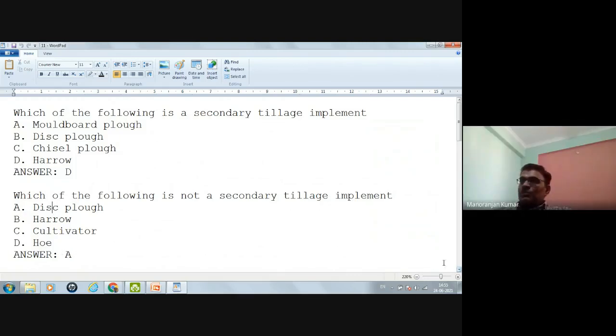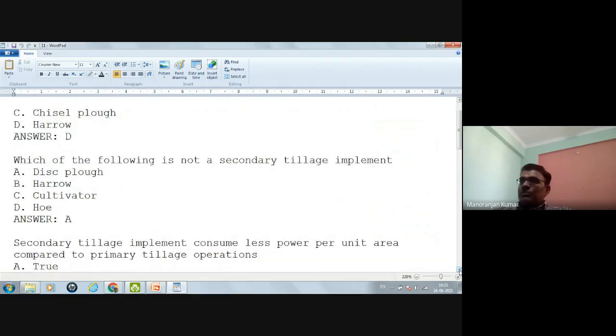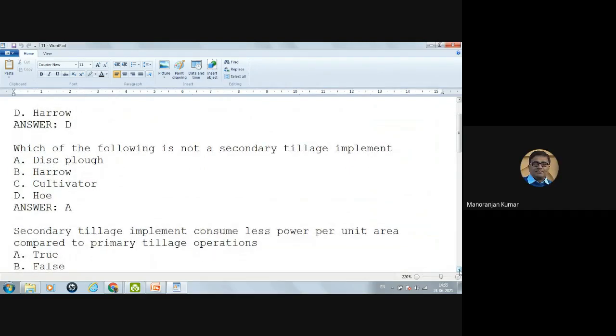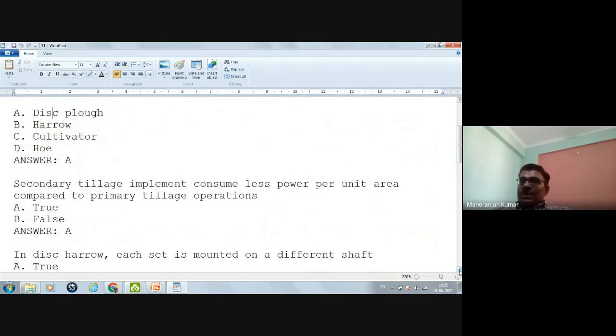Now, secondary tillage implements consume less power per unit area compared to primary tillage operations. Yes, obviously, secondary tillage performs the lighter operation, so it will consume less power. So A is correct. In this harrow, each set is mounted on a different shaft. Each set, not each disc.